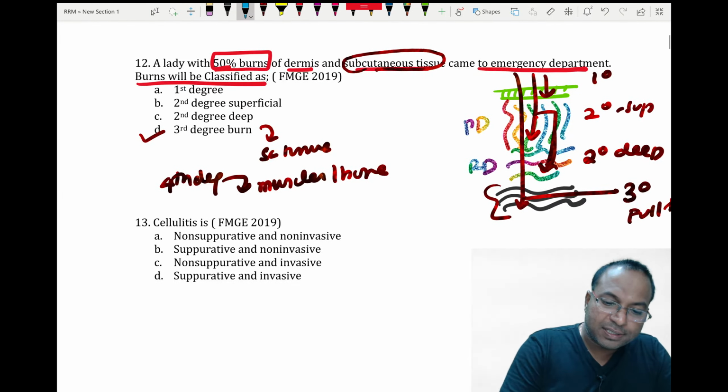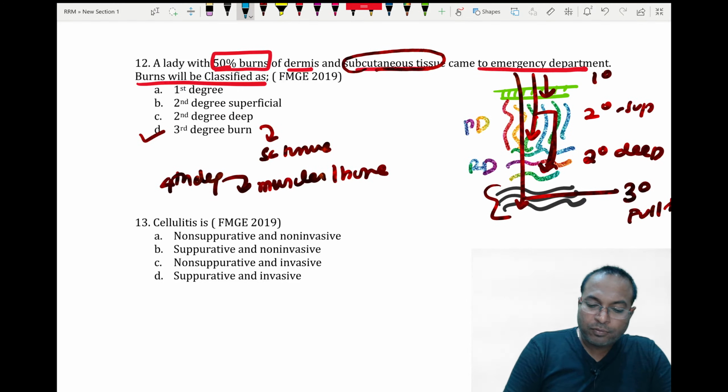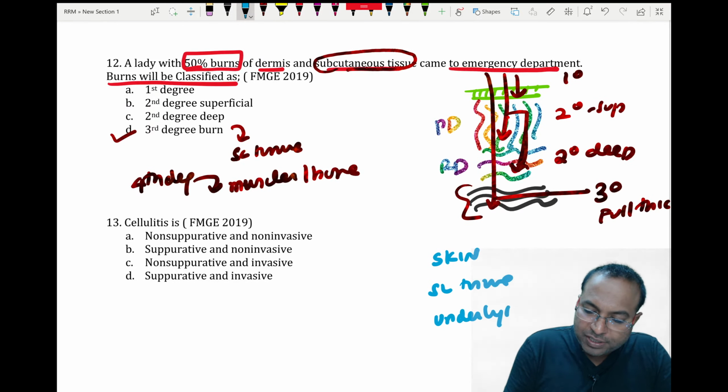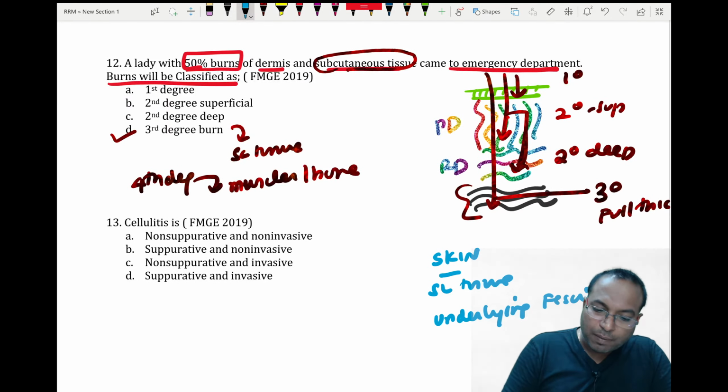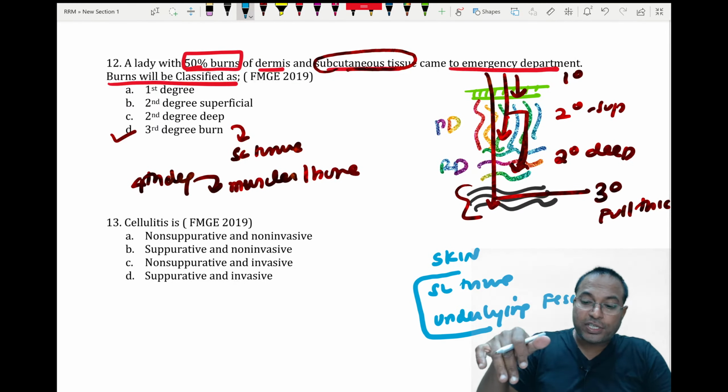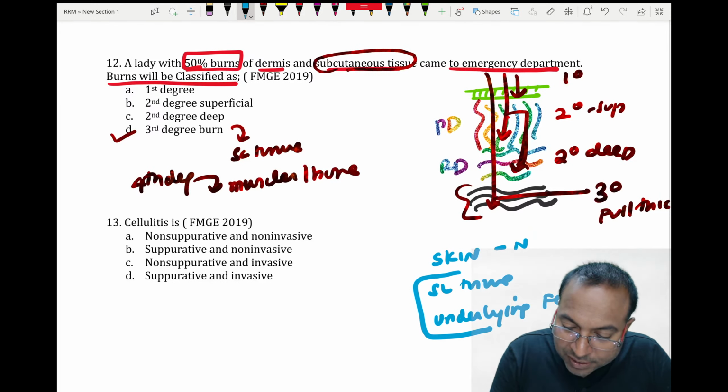Cellulitis. What is cellulitis? Cellulitis is an inflammation of skin, subcutaneous tissue and underlying fascia. Among this, which are all involved by cellulitis? Cellulitis involves subcutaneous tissue and underlying fascia. Skin will be looking normal.